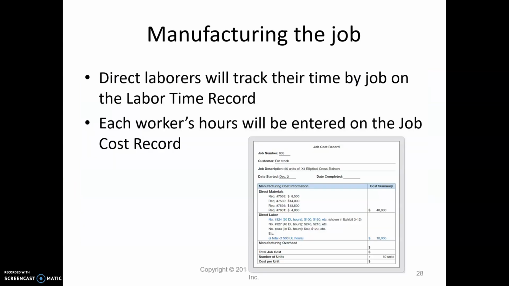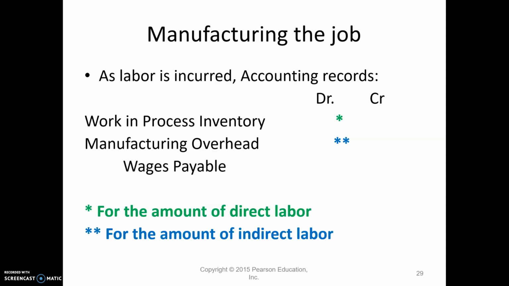Okay. Then we've got the direct labor. Our laborers who are putting together the products are going to have to keep a time record. The workers' hours for that specific job, the cost of those hours will be recorded on the job cost record. If it's in the job cost record, it also goes in the work in process inventory account.